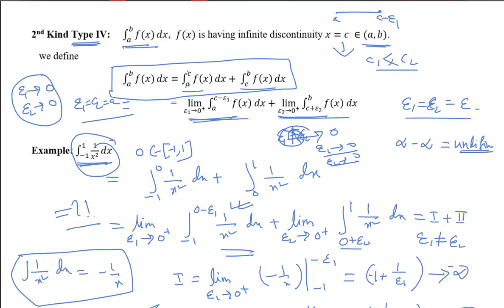Because epsilon 1 equal to epsilon 2 is a particular case. If the general case holds, the particular case must also hold. But you cannot say that if the particular case holds, the general case also holds. The thing is the same here.